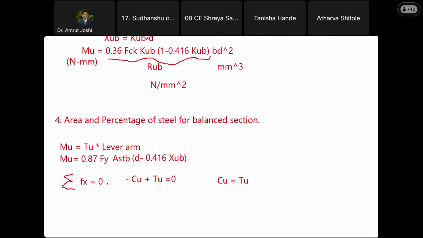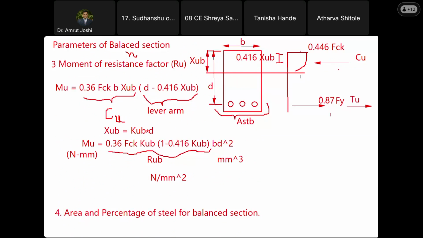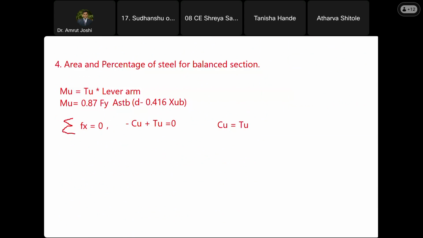Now, do we have the expression for CU? The answer is yes. What is the expression for CU? 0.36 FCK B into XUB, isn't it? So let me write down the expression for CU. CU is nothing but 0.36 FCK into B into XUB, where XUB stands for position of neutral axis for balance section.